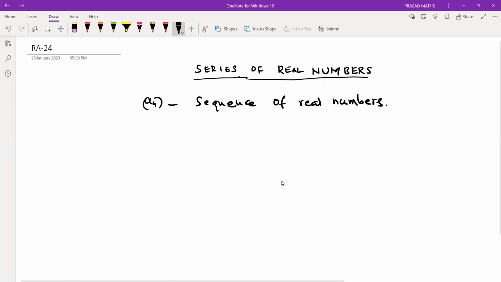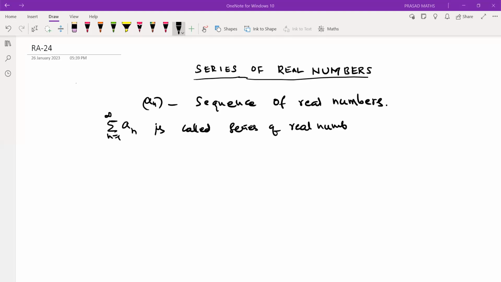So an infinite sum like this is called simply a series of real numbers.